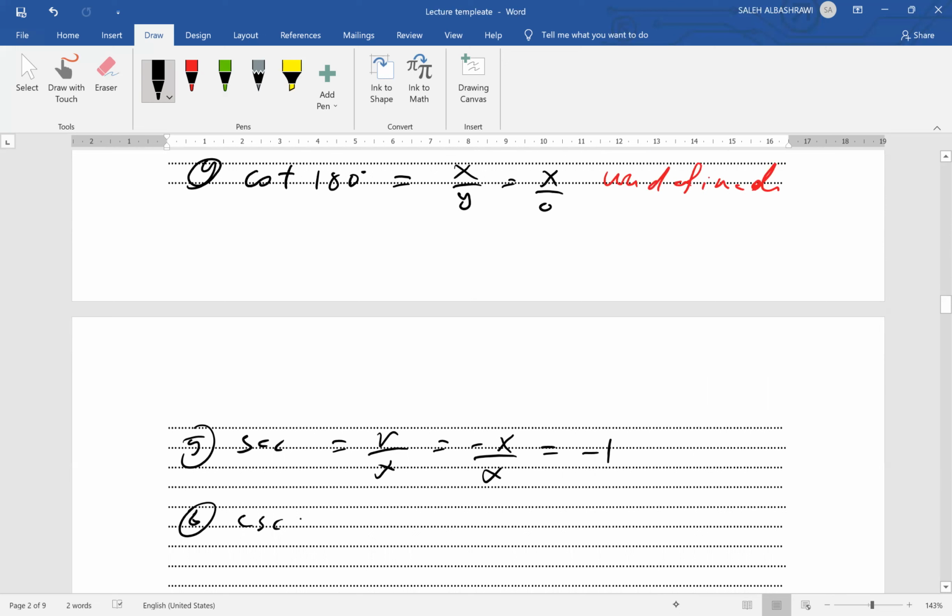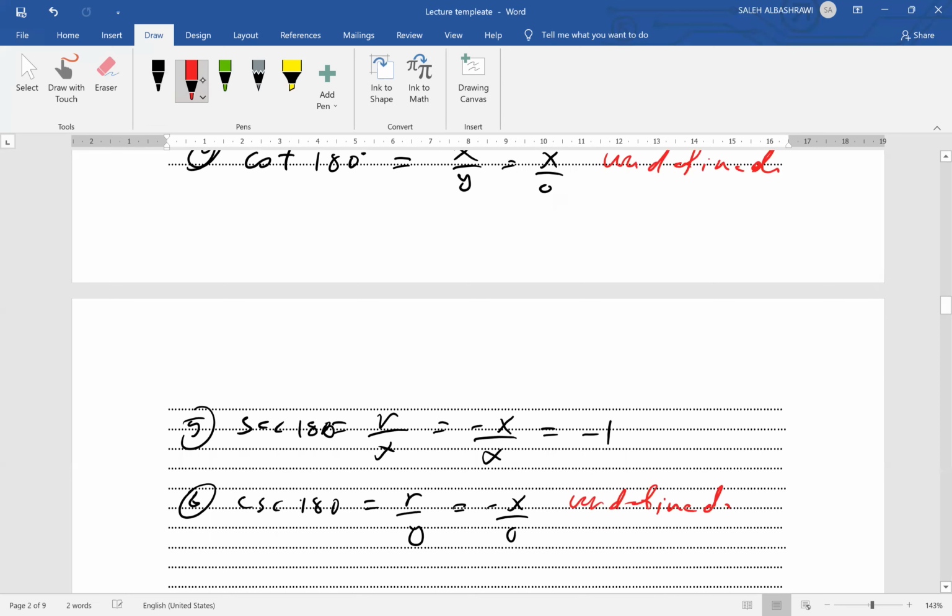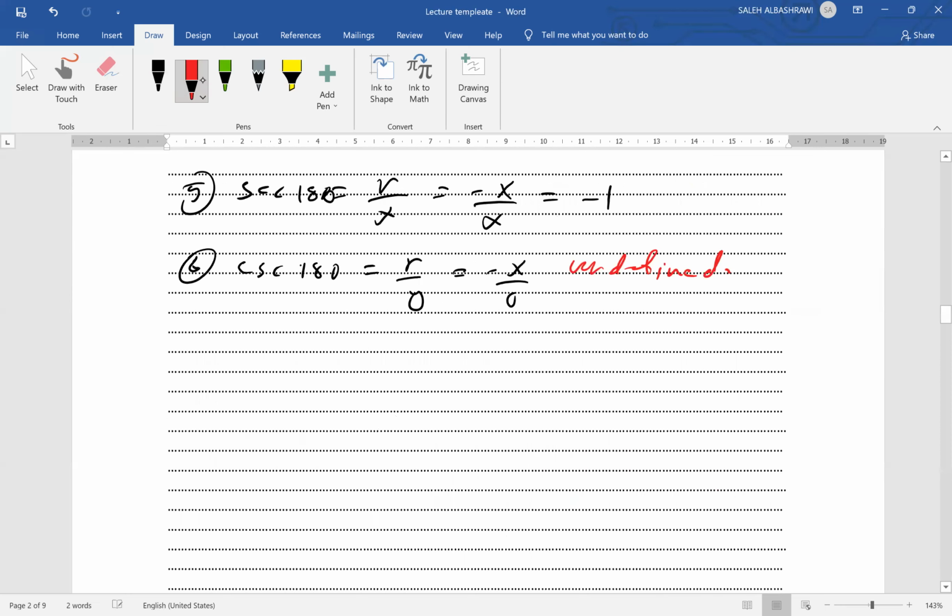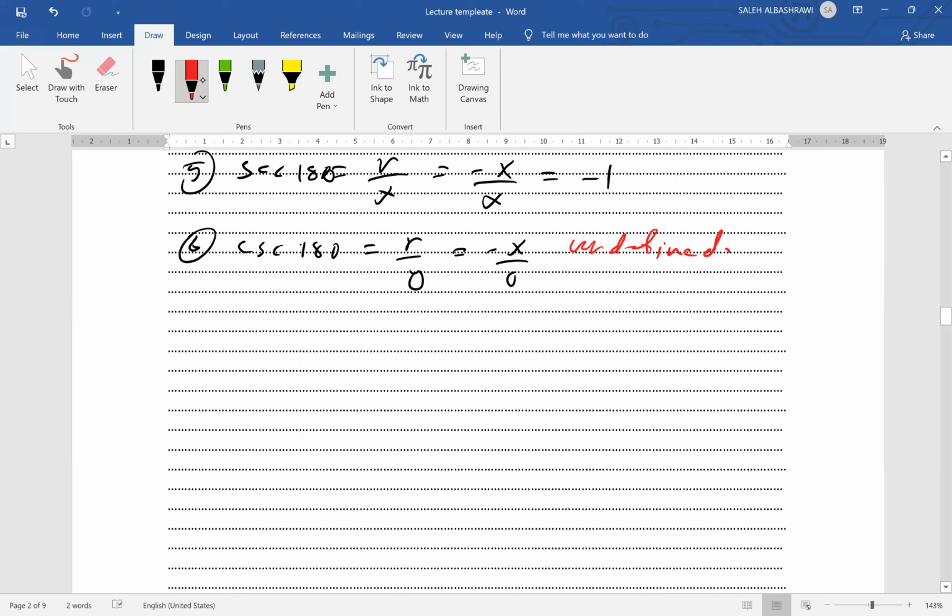Let's speak about 180, not 90. Cosecant of 180 is equal to r over y, which is minus x over 0. This is undefined. So these are the 6 trigonometric values for 180.